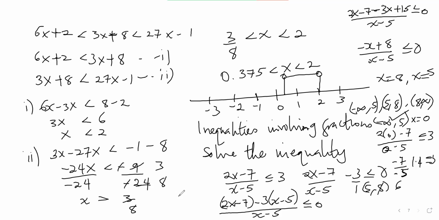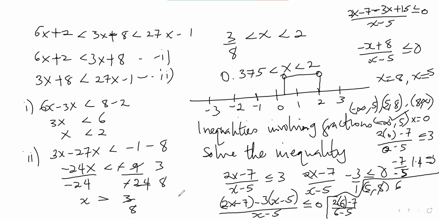We substitute 6 into our 2 times 6 minus 7, and then we have 6 minus 5.